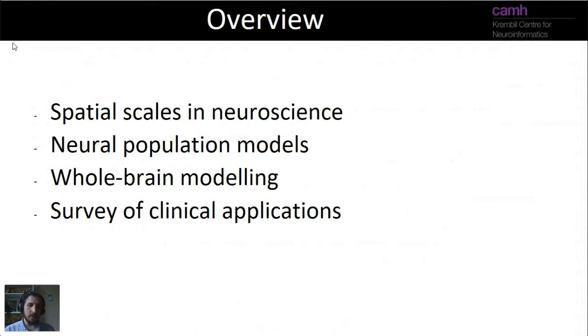One part is what we call neural population models, and the second is using neural population models as components in large-scale brain networks, for which we use the term whole brain internally, and to some extent the field uses this in general.